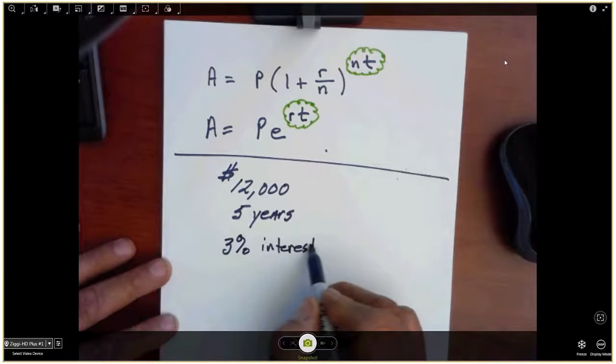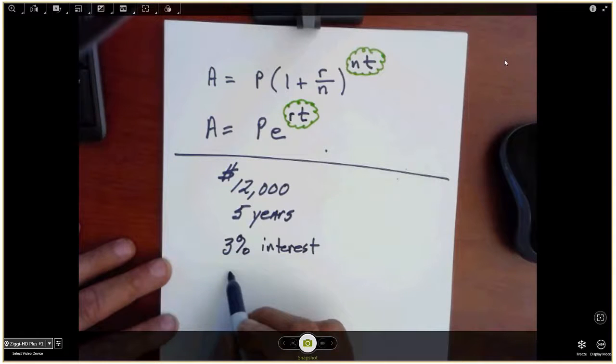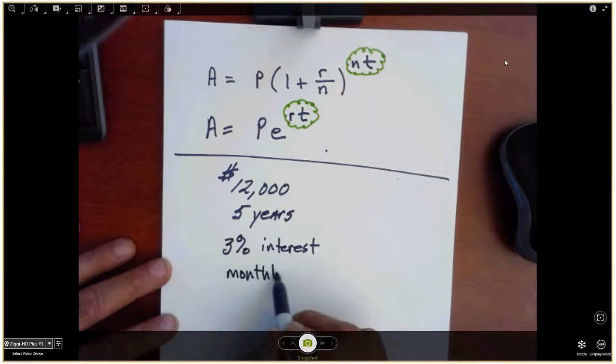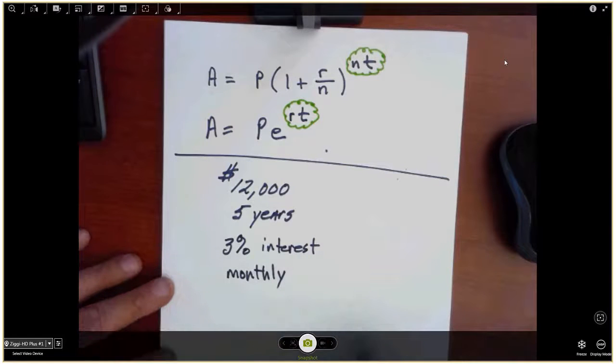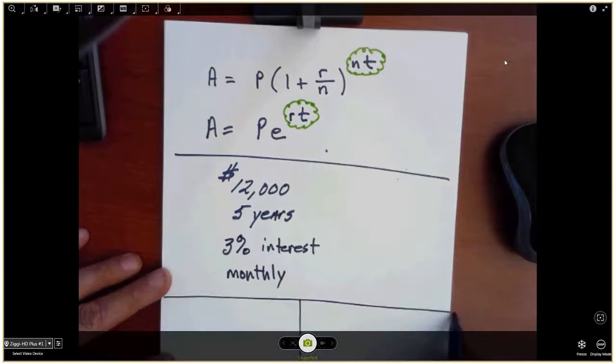And for the compounded, it's compounded monthly. And I want you to calculate compounded. And I want you to do continuous.